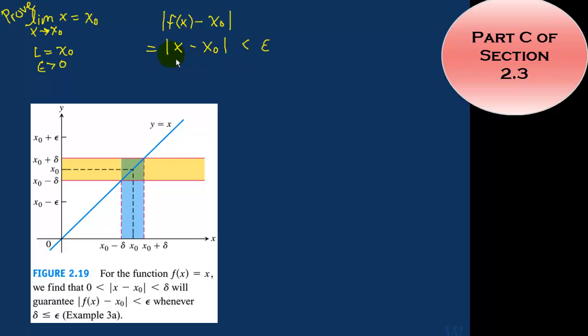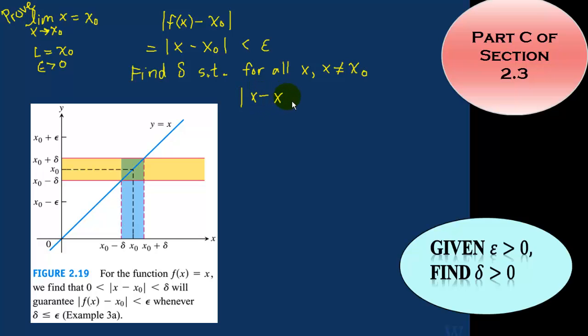Remember, we want to find a delta such that for all x, not necessarily equal to x of 0, the absolute value of x minus x of 0 less than delta implies that x minus x of 0 is less than epsilon. Well, what do you think our delta has to be? Then naturally we take delta to be equal to epsilon, since it's the identity function.